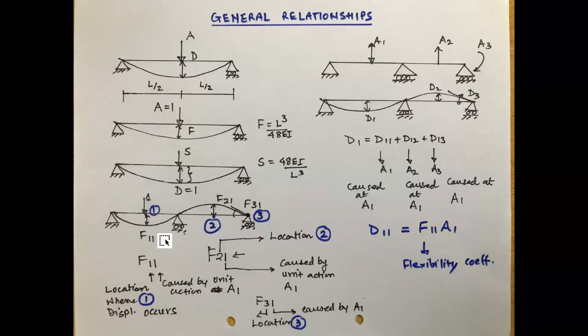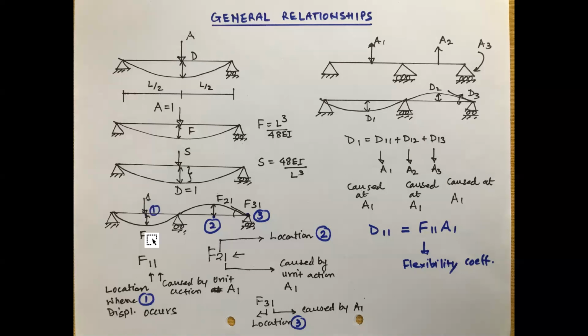which are generated are F11. Now I will explain the subscript. It is very important because understanding the subscript is very important. It is easy only. You shouldn't make mistakes in writing the flexibility coefficient. The first subscript says where I want to calculate the deflection.